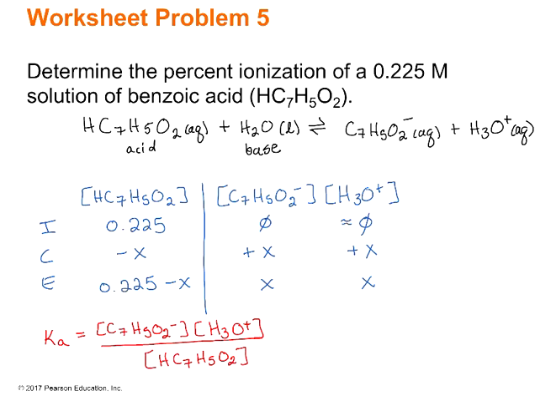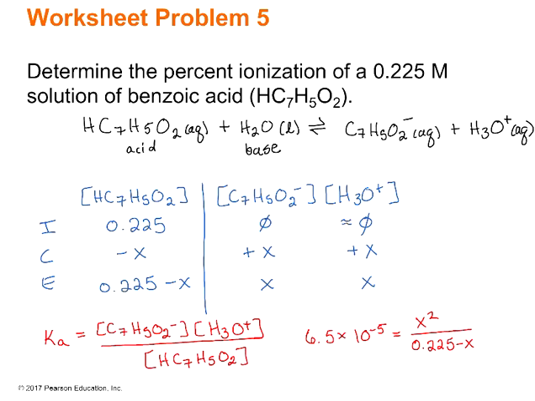And in your worksheet problem, we're told that the Ka of benzoic acid is 6.5 times 10 to the negative fifth. And we're going to plug in x and x for the numerators, that's x squared. And in the denominator, we have 0.225 minus x.